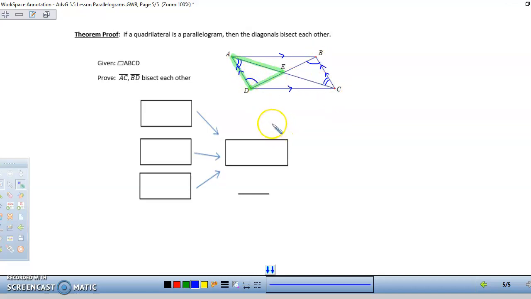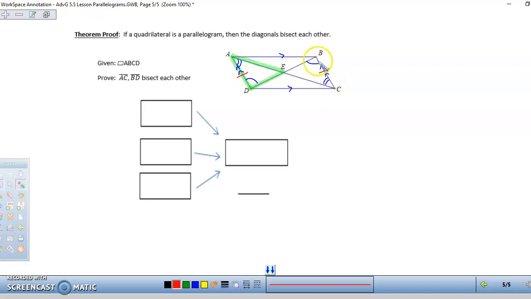Okay, and then here's a cool thing. Now that we proved opposite sides are congruent, we can actually use that in a proof. So I am going to use that to help me. It'll make things a little shorter. So I'm going to mark that this side is congruent to that side because of that other theorem we proved above. Okay, so then obviously, hopefully, it's angle, side, angle.